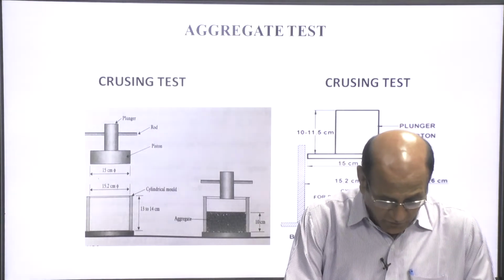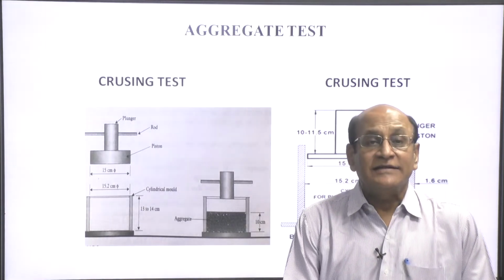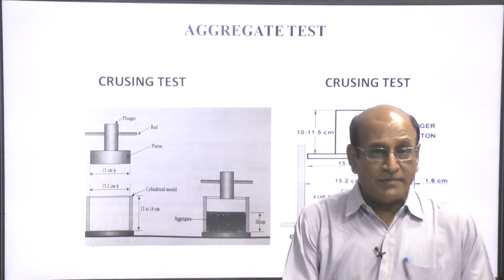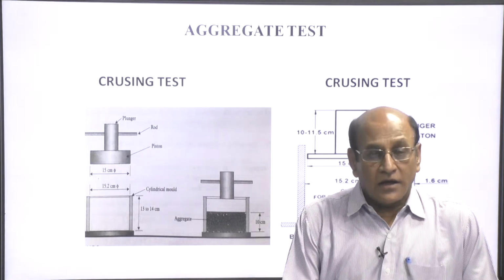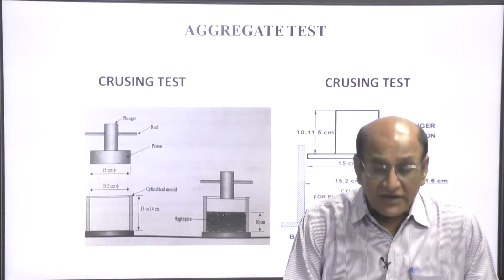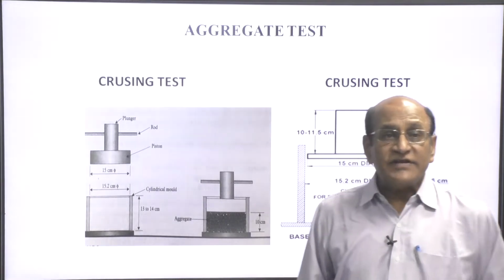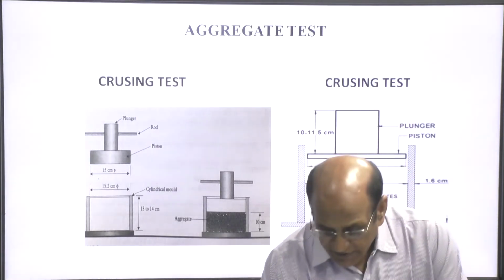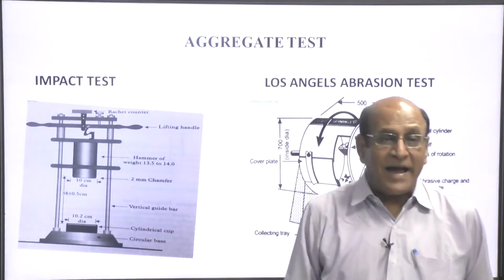For bituminous work that should not be more than 45% and for granular base and sub base that should not be more than 30%. So, this is our crushing test. Now, next is the impact test.